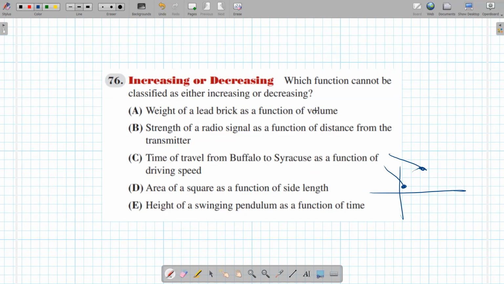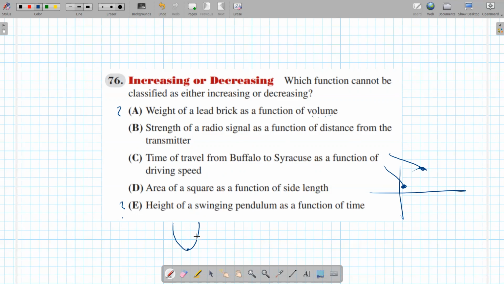Actually, yeah, I don't know. I doubt that. Volume. If the volume of a brick goes up, would the weight change? I think it's between A and E. It definitely wouldn't be E though. But E is the only one where there's a turning point, and we know a function is not doing either when there's a turning point. Yeah, but it still could change at different parts.